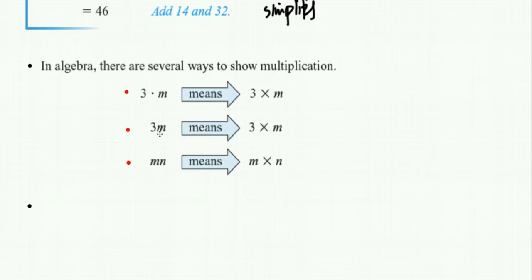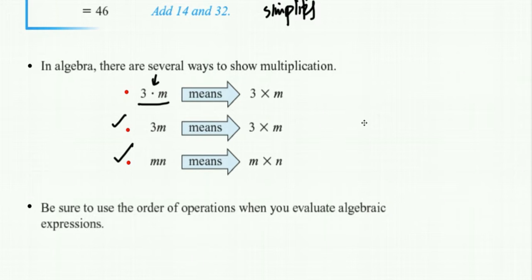A number and a letter next to each other, the operation is multiplication as well. 3 dot m is also multiplication, but we don't really use this that much because the dot will be confused for a decimal. So we usually use this and this when you talk about algebraic expressions.